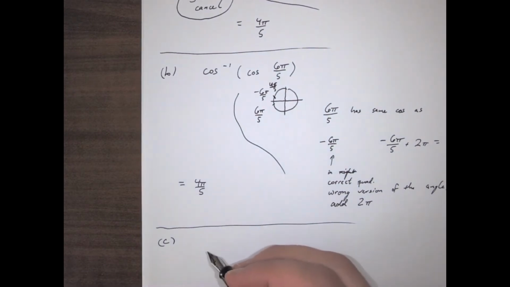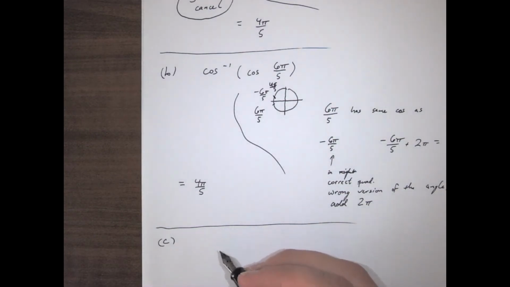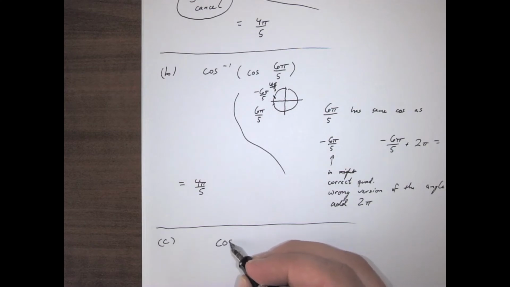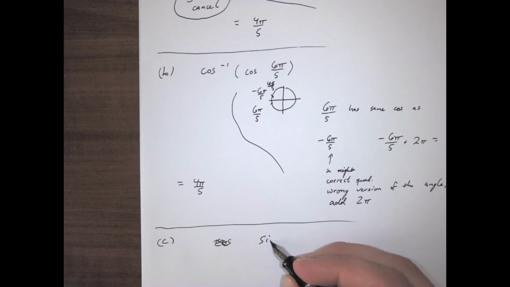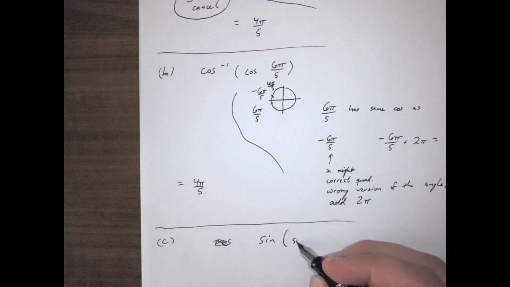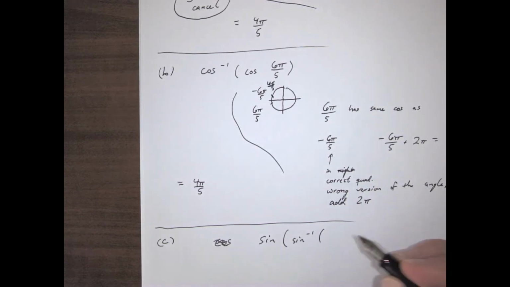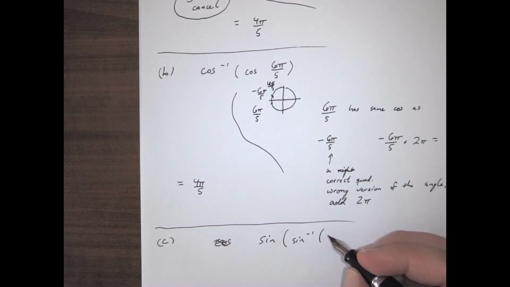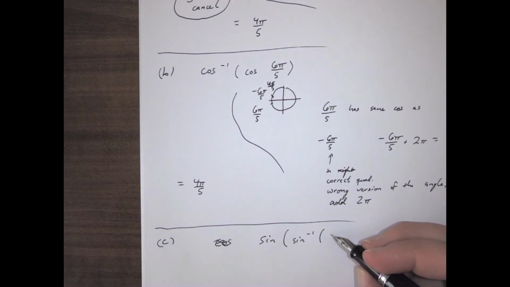So how about one with the function on the outside, the inverse on the inside? I keep doing cosine. How about sine? Sine of sine inverse of, and now here, as long as the number that we're given is in the right range, then we are fine.